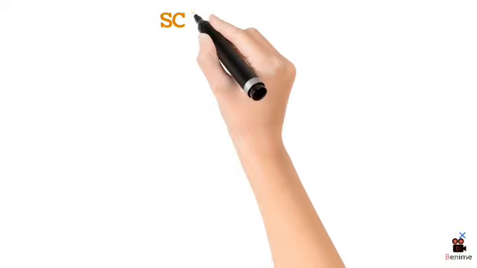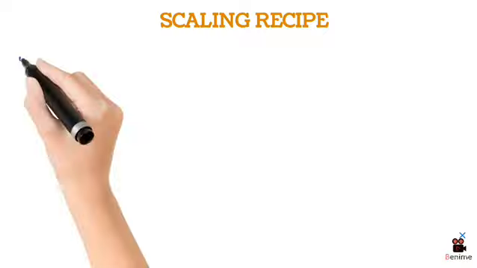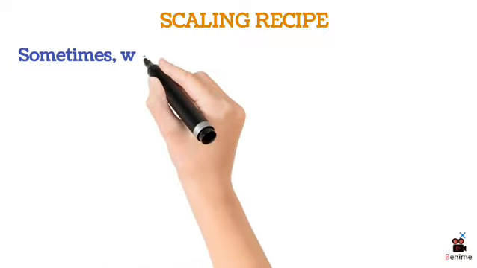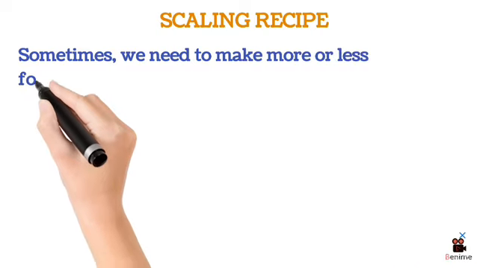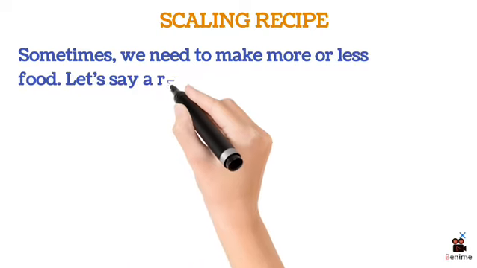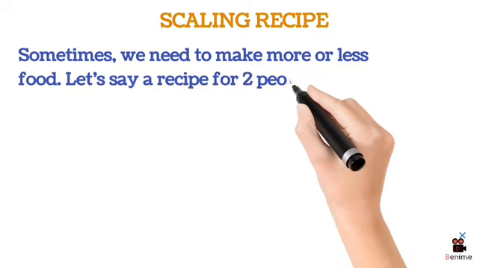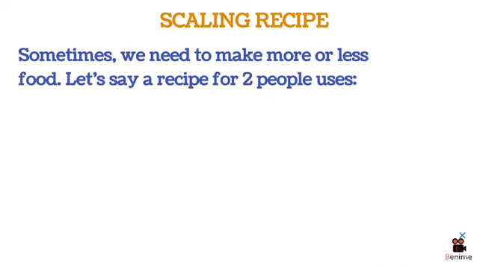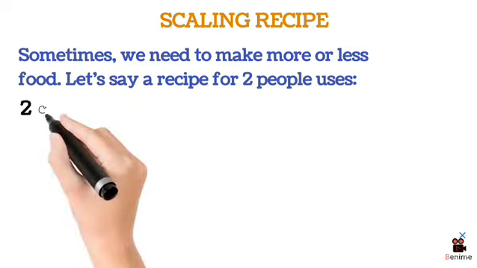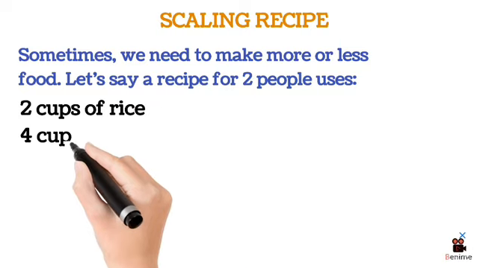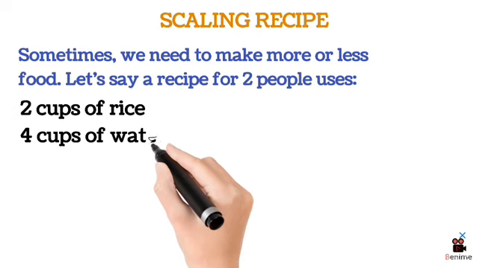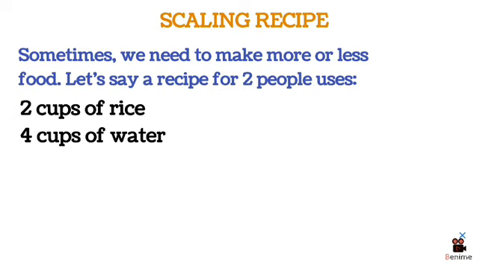Okay, now scaling a recipe. Let's look at what it means to scale a recipe. Sometimes we need to make more or less food. Let's see, a recipe for 2 people uses 2 cups of rice, 4 cups of water to make a food for 2 people.